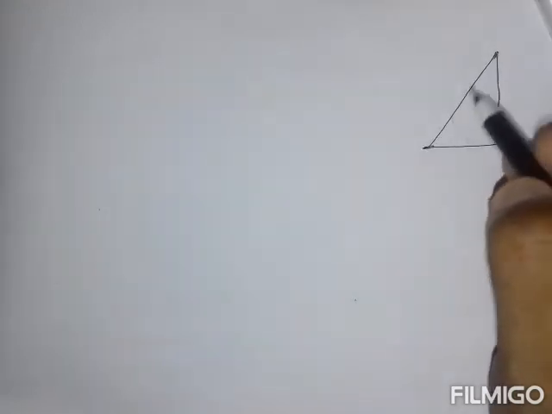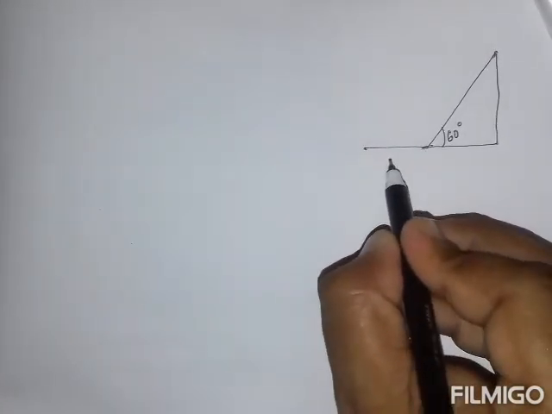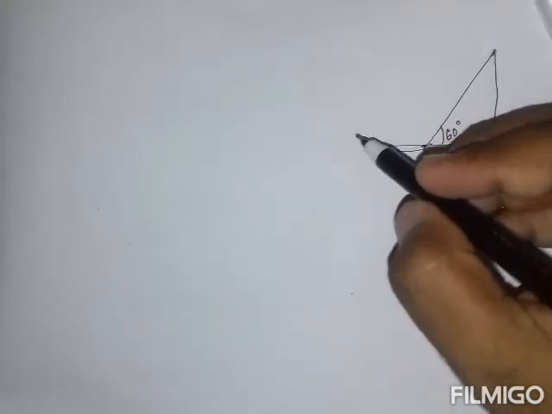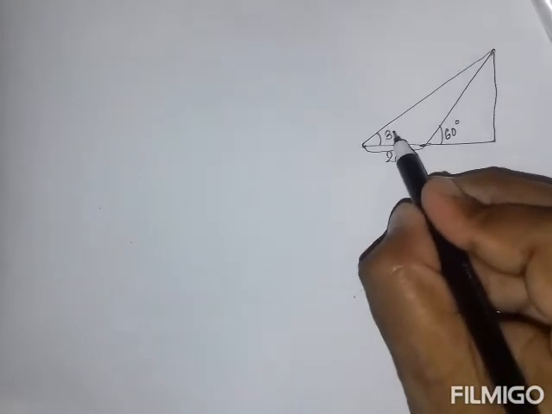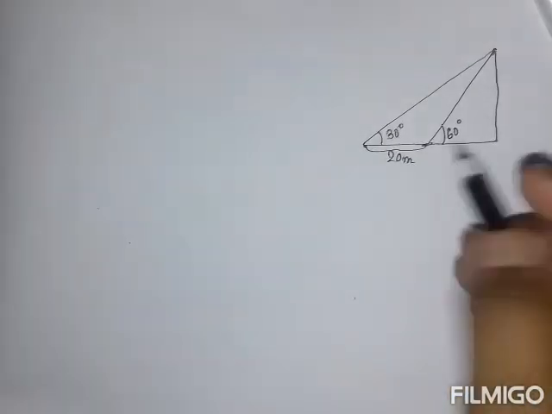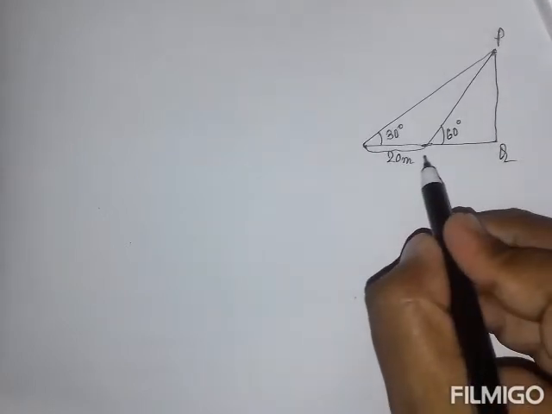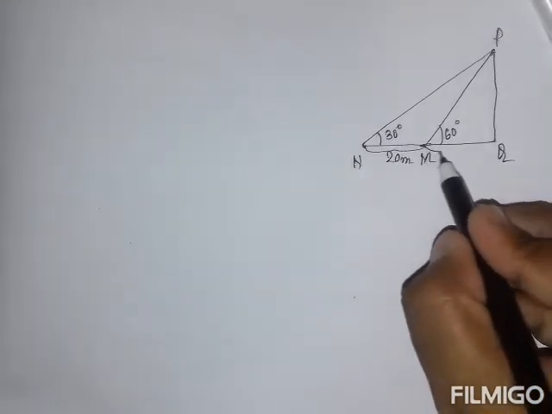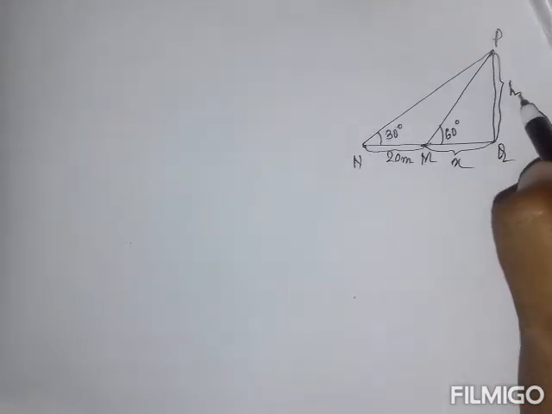From there this is 60 degree, and 20 meters away from the canal, this will be 30 degree. PQ is the TV tower, MN, and this is X and this is H.